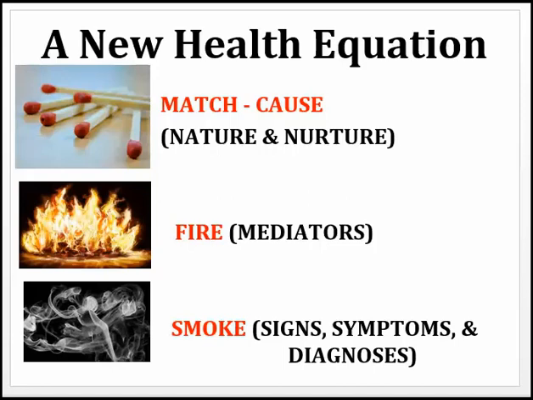Nature or genetics, dancing with nurture, which we can think of as diet and lifestyle, produces things that we can test in blood work or urine testing or saliva. And these are the mediators. These are the issues like high cholesterol, hemoglobin A1C, all the things that we can look at in a laboratory test, which ultimately lead to the smoke, which are the signs and symptoms and the diagnosis.